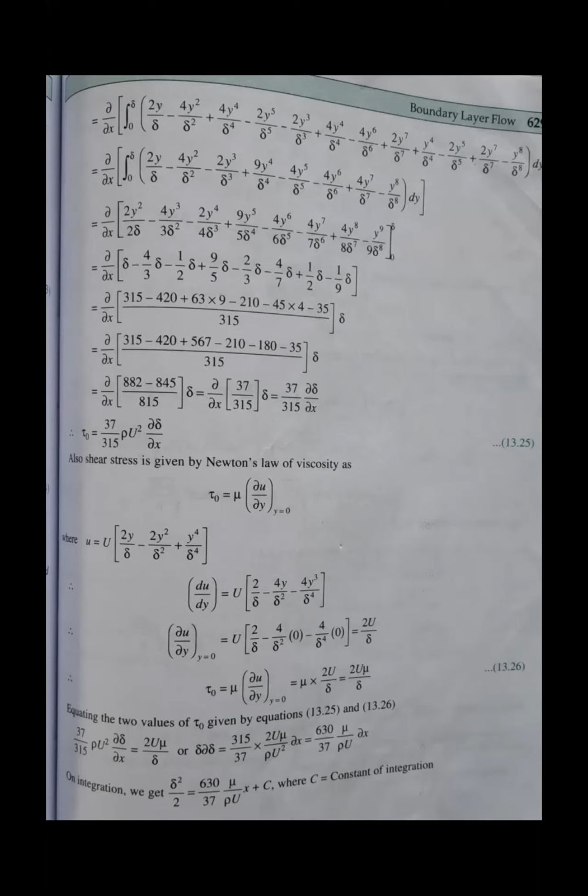Four more terms you must get. So the other four terms are given. You observe, and then y power 4 by delta power 4 with all the four terms in the bracket.